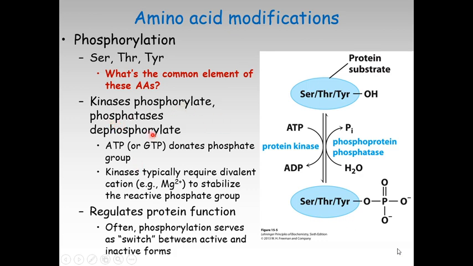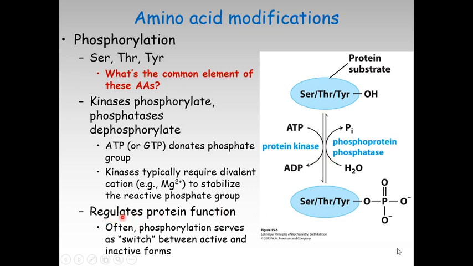Kinases phosphorylate and phosphatases remove that phosphate, and they do this by a hydrolysis reaction. H2O is being used to remove the phosphate and bring back the hydroxyl group of the original protein. Like I said, ATP or GTP donate the phosphate group for kinases. And kinases typically require a divalent cation like magnesium to stabilize a reactive phosphate group.